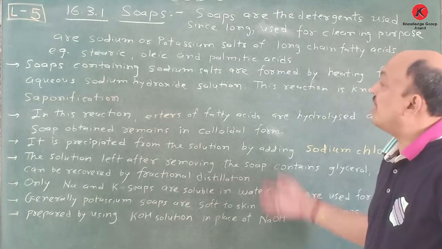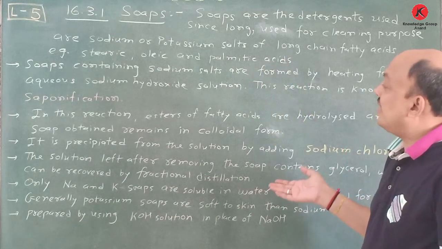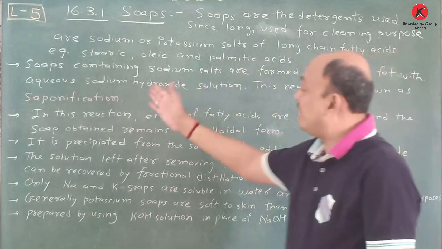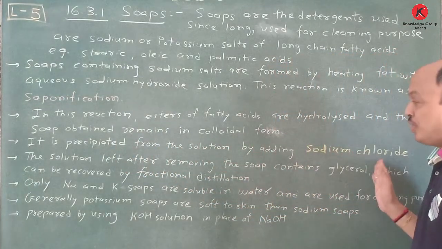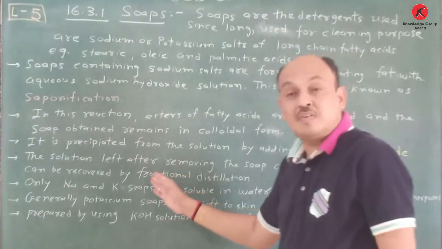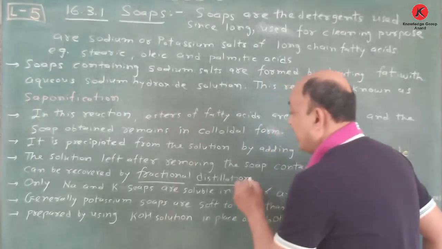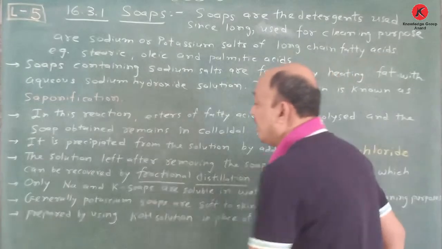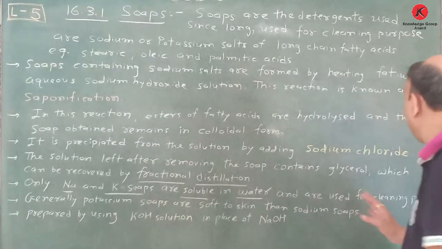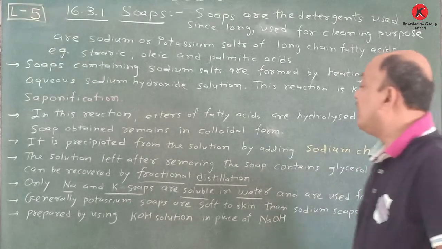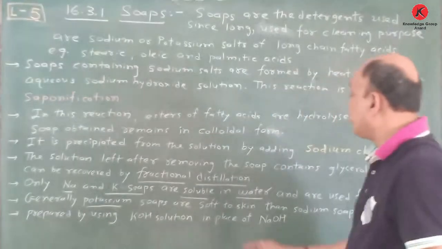So certain information regarding soaps is complete. Now, saponification is very important, and precipitating the soap from the solution by adding sodium chloride is important. How do we recover glycerol? By fractional distillation. This is very important. Also, sodium and potassium soaps are soluble in water and are used for cleaning purposes.